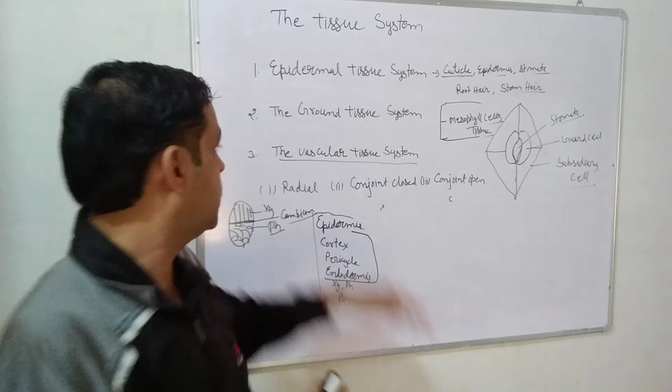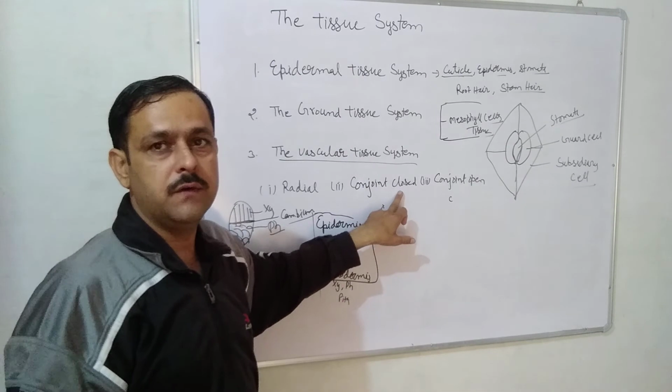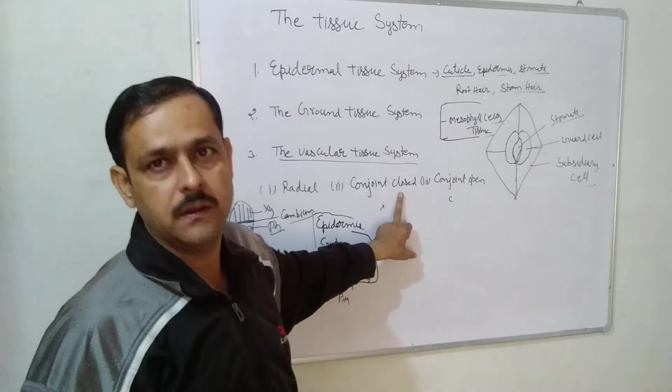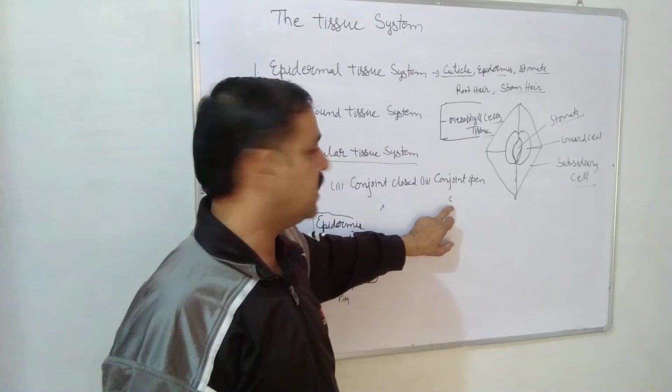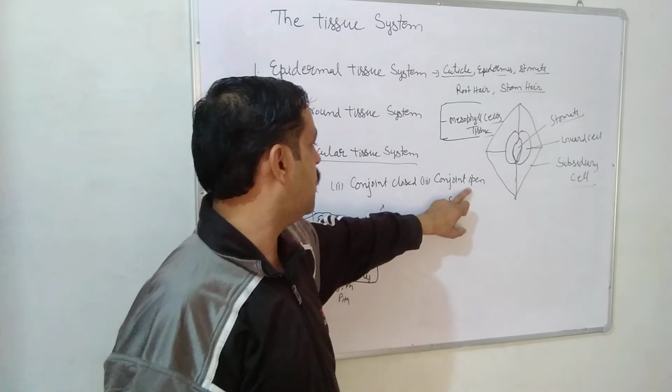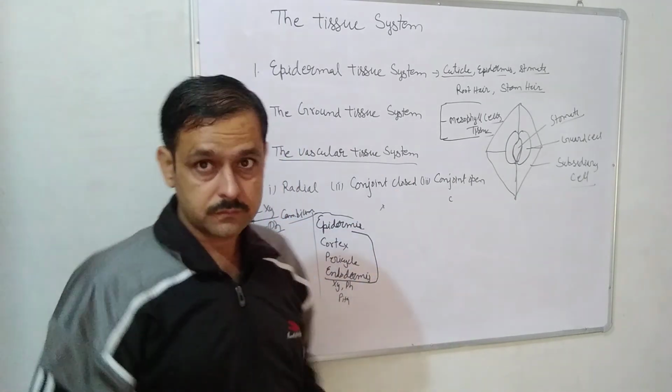Here we are writing open and closed. Whenever xylem and phloem are present and in between the cambium is present, then it is called open, and whenever the cambium is absent, then it is called closed.